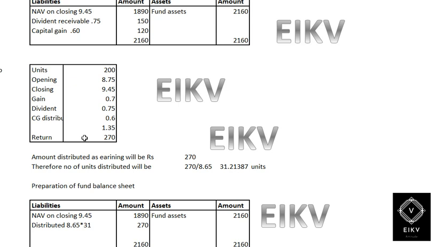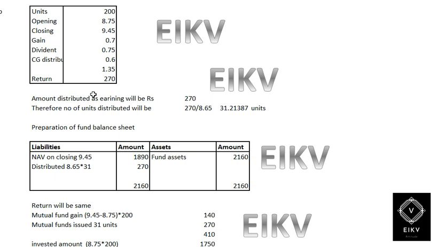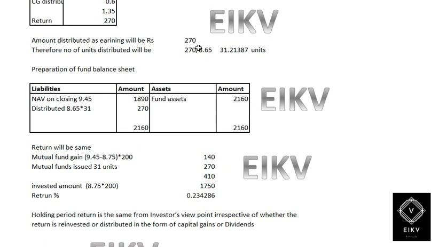Return would be 270, which is 1.35 multiplied by 200. Now the annual distributed earnings would be 270 divided by 8.65, which will give you 31.21 units, right? So these 31.21 units should be issued in favor of the purchaser.